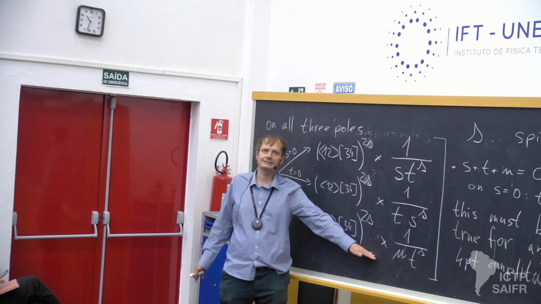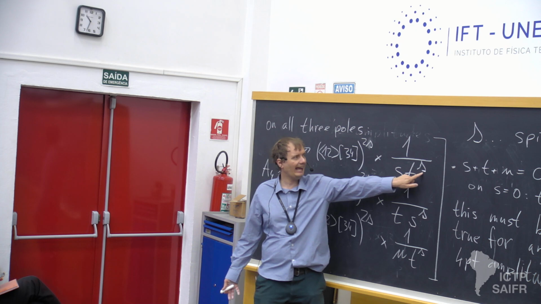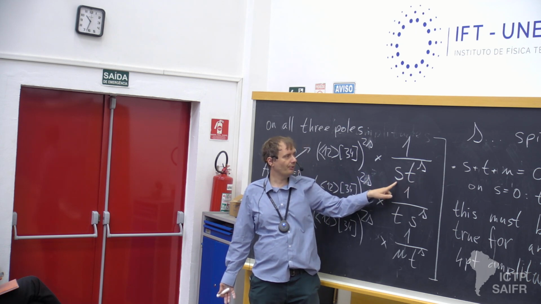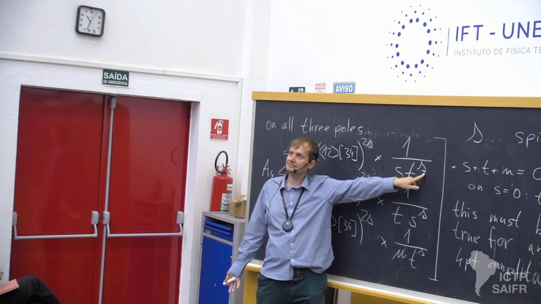Now, you can ask, does there exist such an amplitude which behaves like that? I am saying that if the spin s is high, you have a problem. Because on the S-pole, you generate 1 over s times t to the s. Let's say t squared, t cubed, t to the 4.